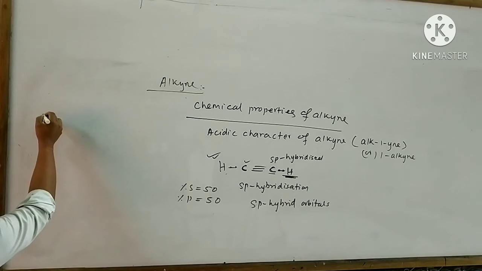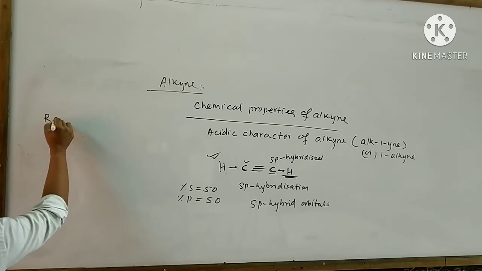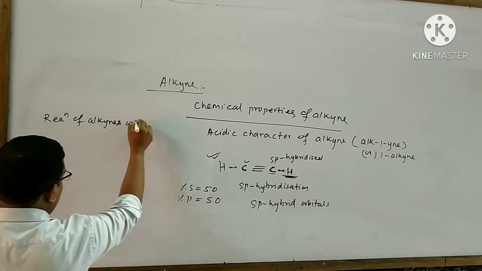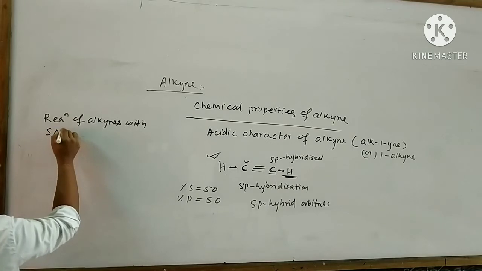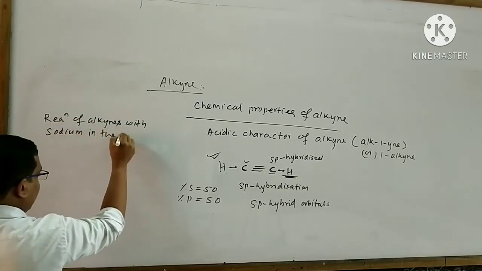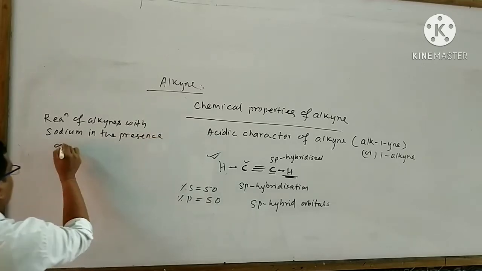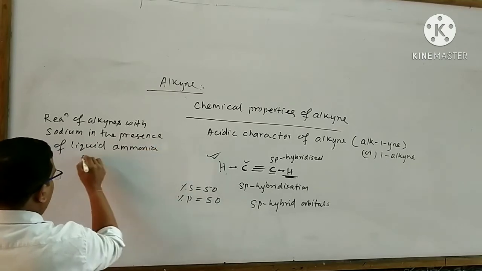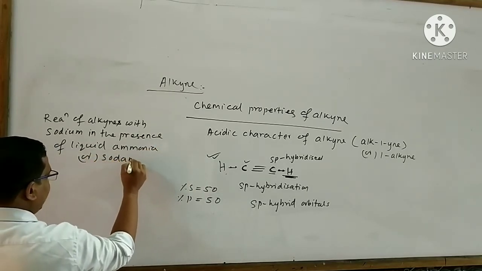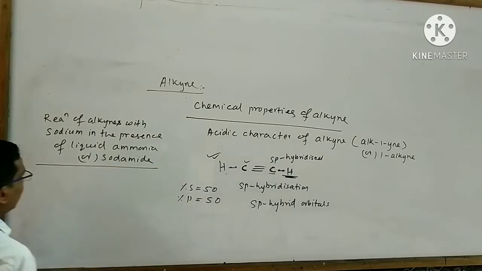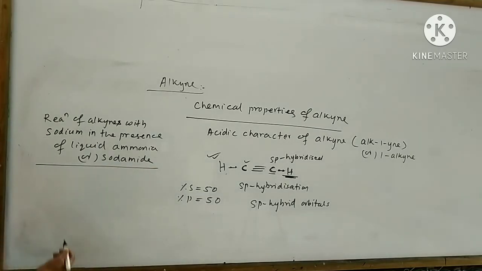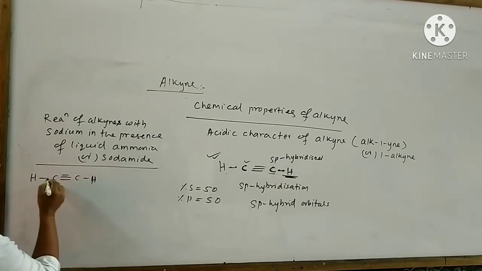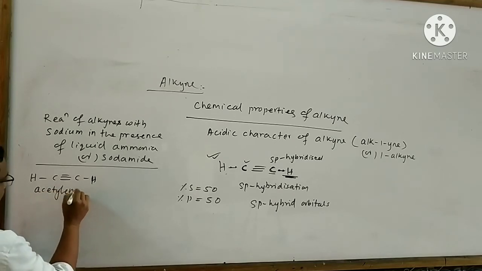At first, I will explain the reaction of alkynes with sodium in the presence of liquid ammonia or sodamide. Take an example of an alkyne. Simply I can take the acetylene molecule. This is your acetylene molecule.